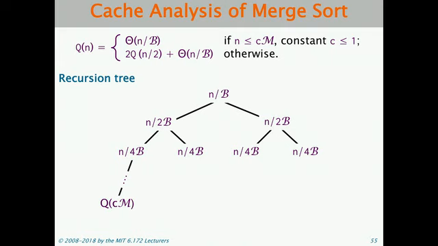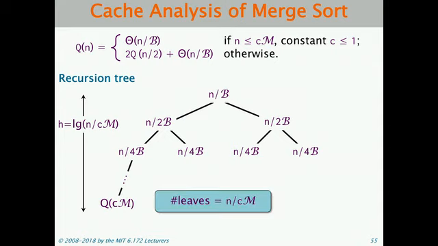So the number of levels of this recursion tree is just log base 2 of n over cm. So I'm basically chopping off the bottom of this recursion tree. The number of levels I had below this is log base 2 of cm. So I'm taking log base 2 of n and subtracting log base 2 of cm, and that's equivalent to log base 2 of n divided by cm.